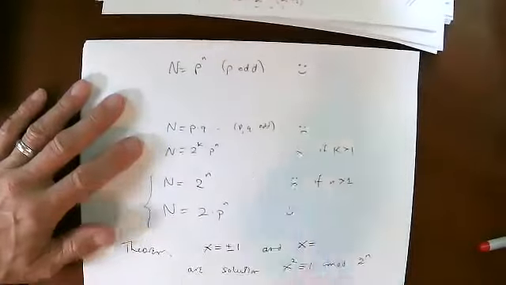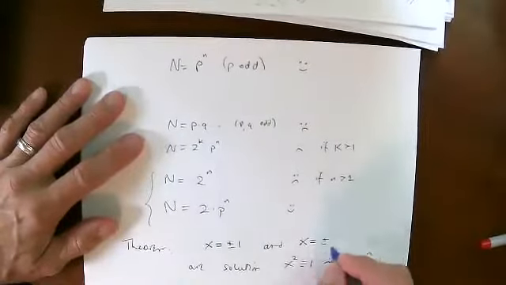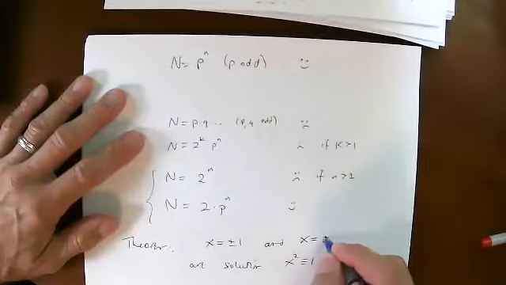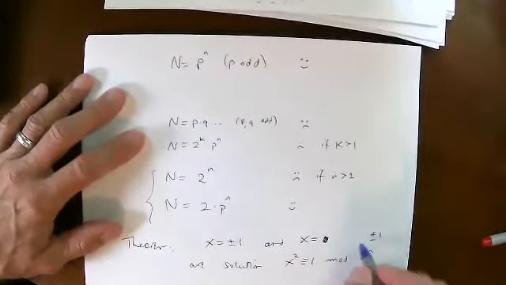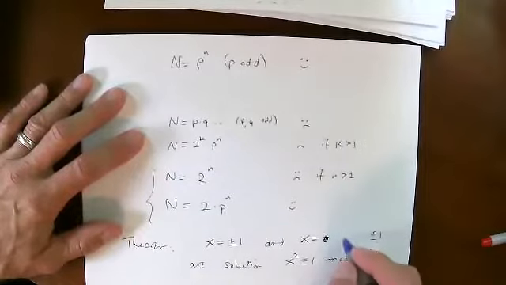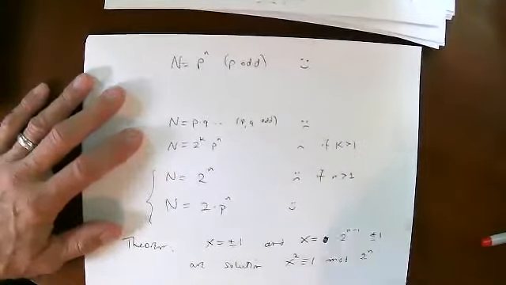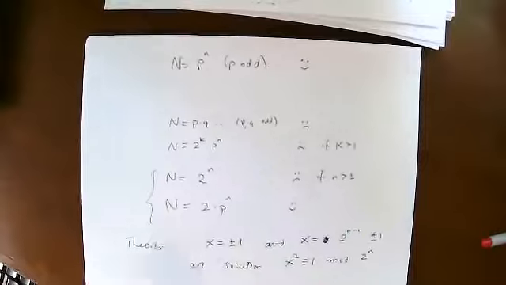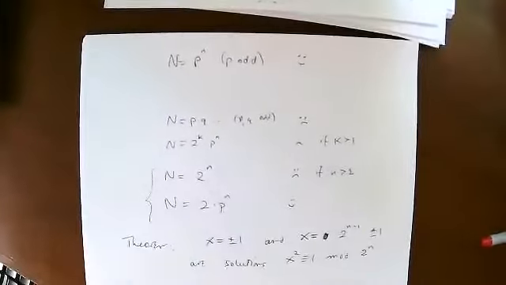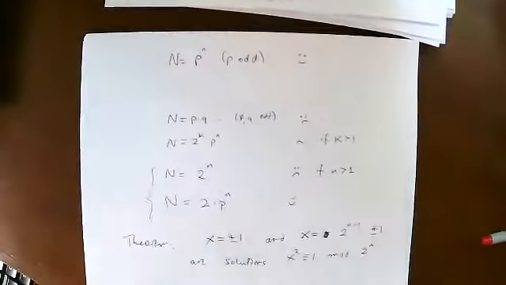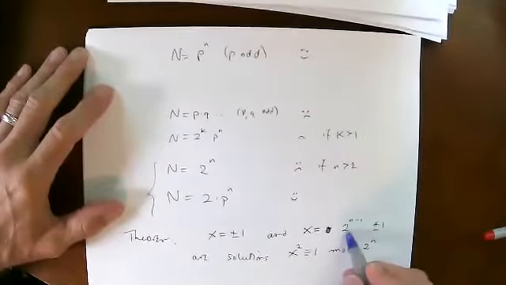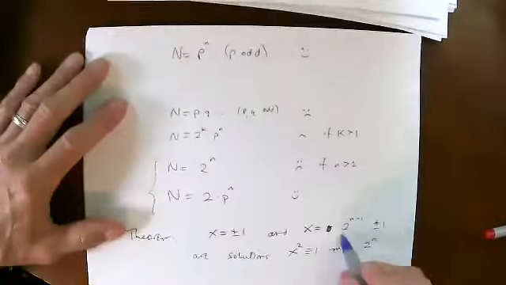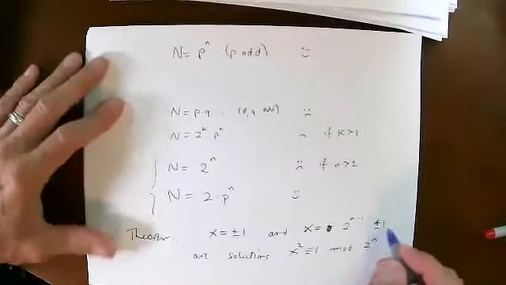If you take x to be plus or minus 1, but then I add to it not this power of 2, but the previous power of 2. That's an integer, obviously. As long as n is anything positive, then you'll have a power of 2 here, and add or subtract 1 to it.